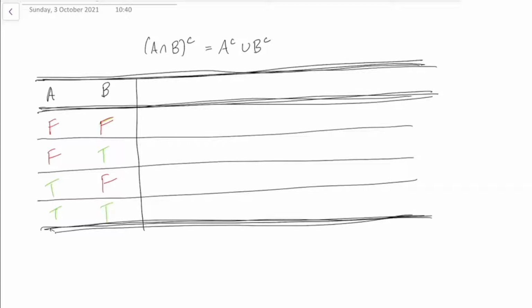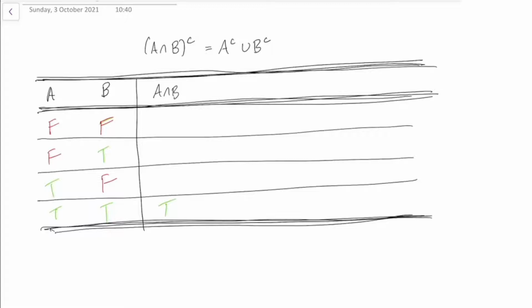And I'm going to start with the left-hand side of this equation, A intersect B complement. I'm going to split this down into two bits because I don't want to do it all at once. I'll calculate A and B first, and then do A and B complement. So A and B, this is only true if both A and B are true, which is clearly the bottom column.